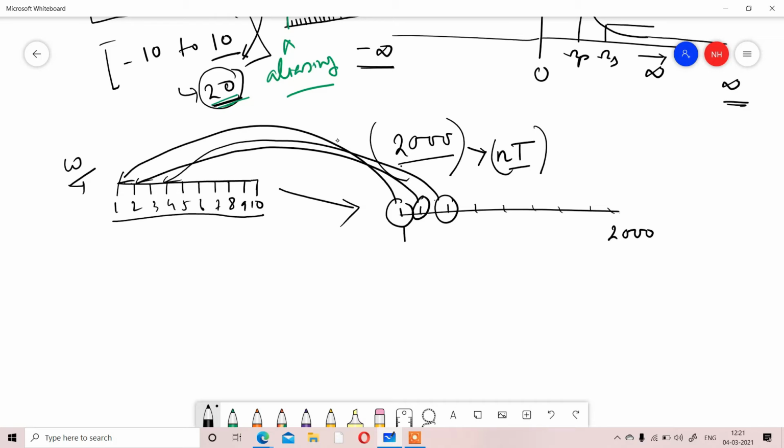So what you have to do, simply, one point must be represented by more than one point. So in the digital domain, one point must represent more than one point in the analog domain, then only can you map it. Clear or not?